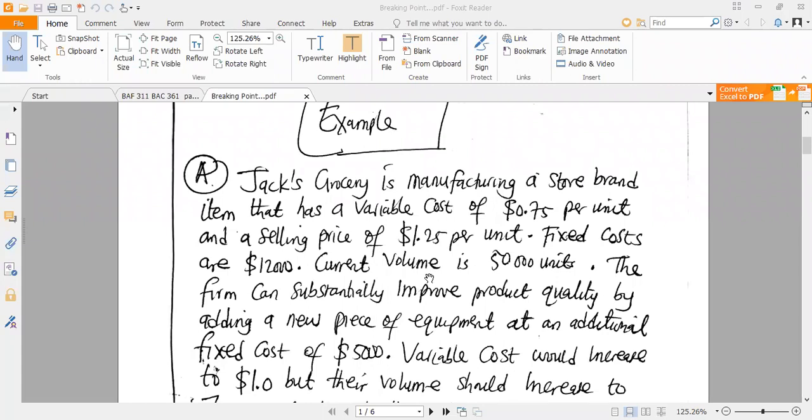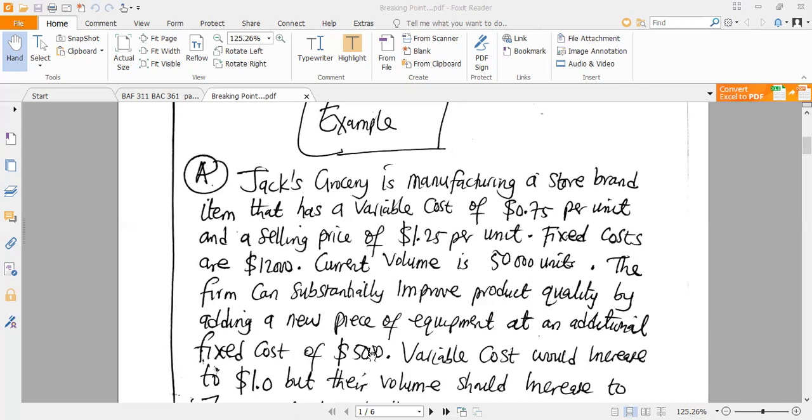Currently, Jack's Grocery is producing 50,000 units, as you can see there. The firm can substantially improve product quality by adding a new piece of equipment at an additional fixed cost of $5,000.